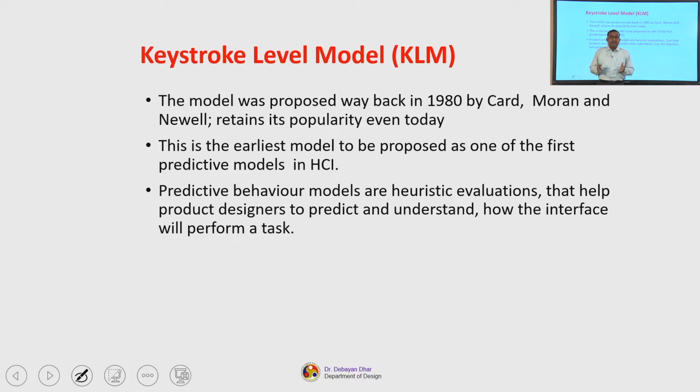It is extensively used to understand the issues that we have discussed right now. This is the earliest model to be proposed as one of the first predictive models in HCI. See, this is very important about the KLM model. It is one of the first predictive models in HCI, prediction about performance.